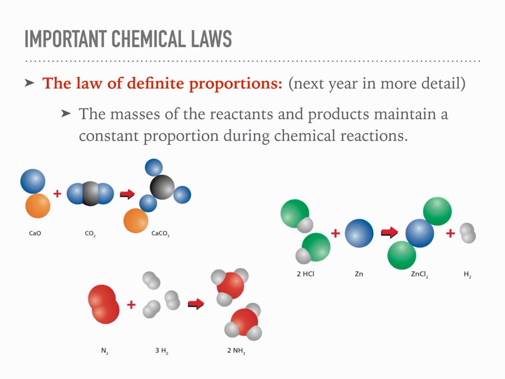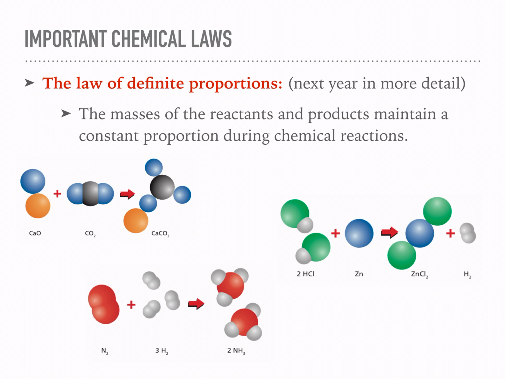So it means that if we say that one molecule of something reacts with one molecule of something else to form, imagine, two molecules of a product, that proportion is going to keep being the same always.